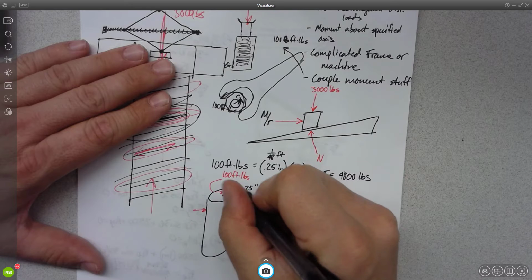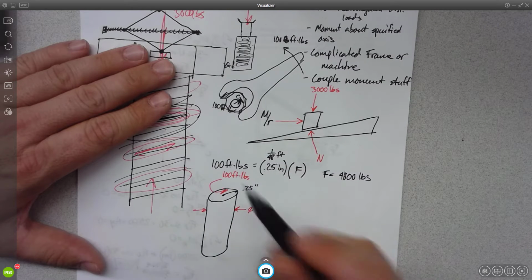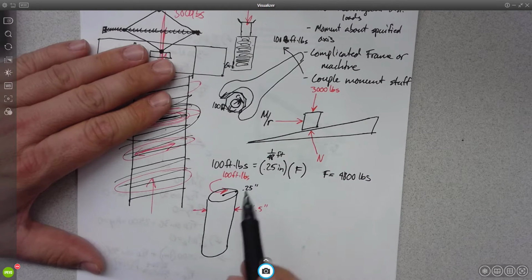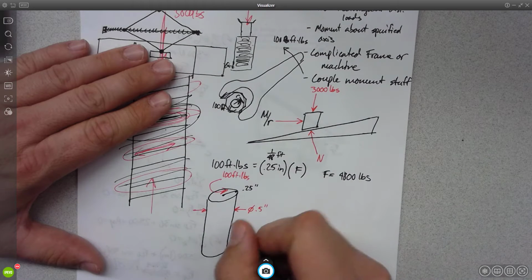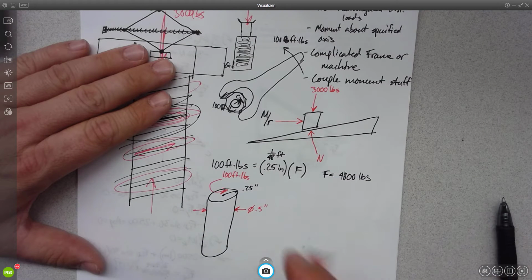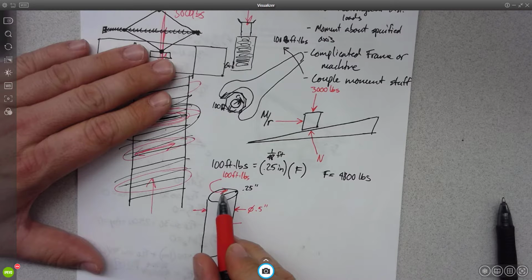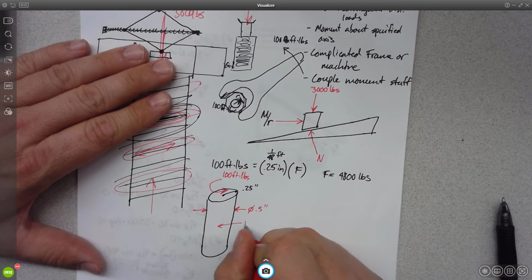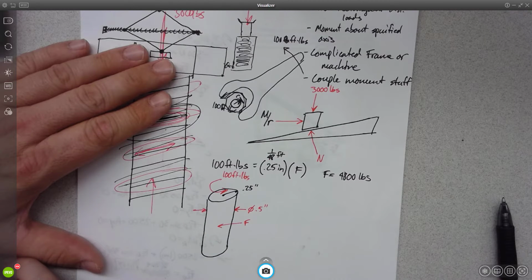Okay? So this bolt is free to spin, except if I'm putting 100 foot-pounds on it and it's in equilibrium, that means there must be a frictional force acting on the surface of the bolt, going to the left, counteracting that. So we want to find what F is such that it counteracts the 100 foot-pounds.